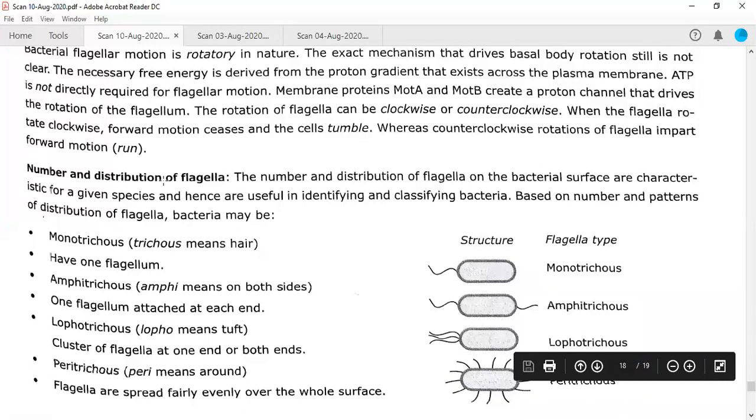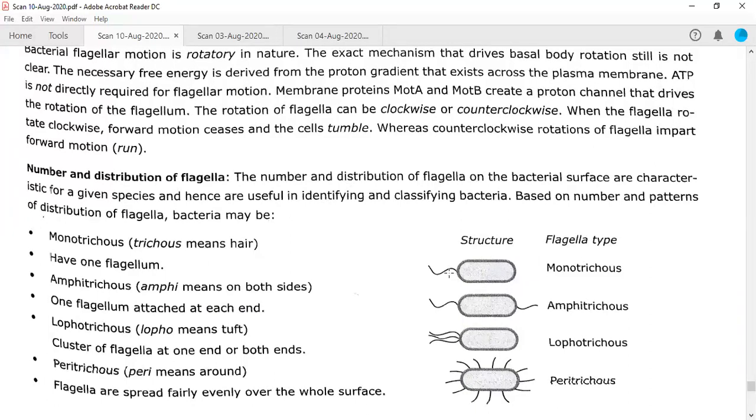So number and distribution of flagella. Number and distribution of flagella on bacterial surface are characteristic for a given species, and hence they are useful in identifying or classifying the bacteria.